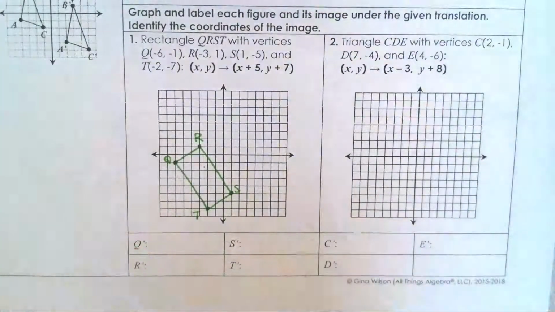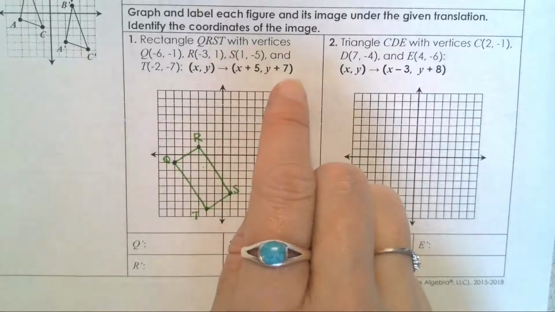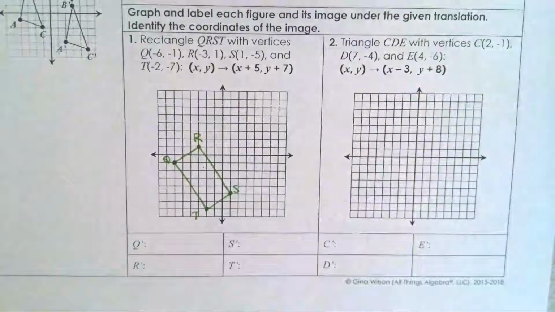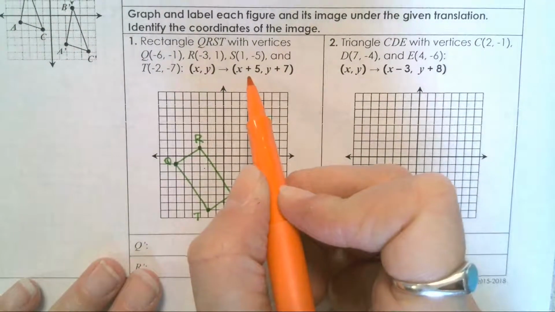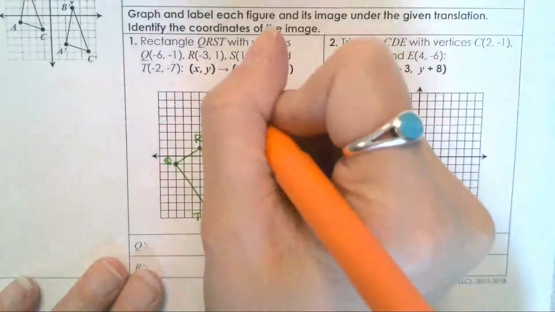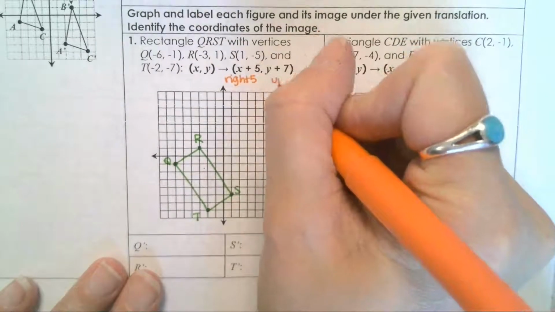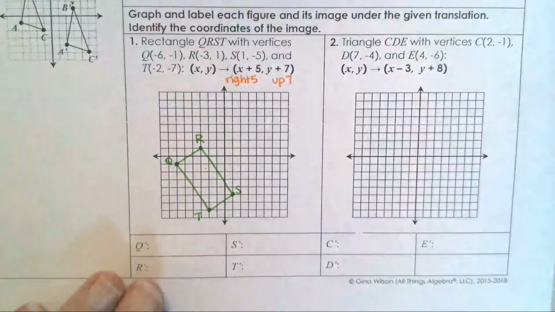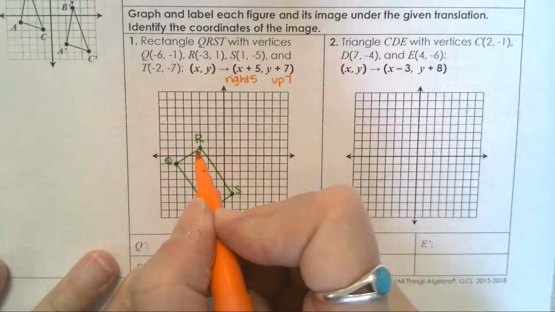Okay. Now we need to graph it where x, y has become x plus 5, y plus 7. So the first thing that I want us to note is that the plus 5 represents a horizontal shift and the plus 7 is a vertical shift. So this is going to be right 5, up 7. So all we're going to do is, I'm just going to start with point R because it's at the top.